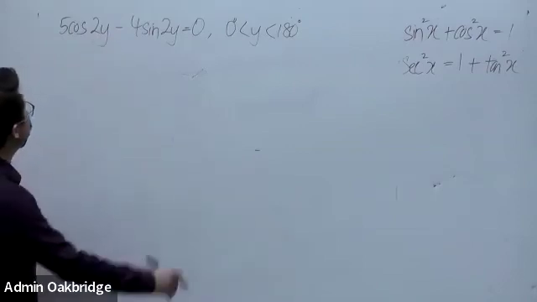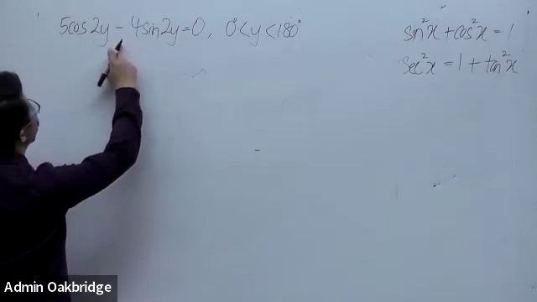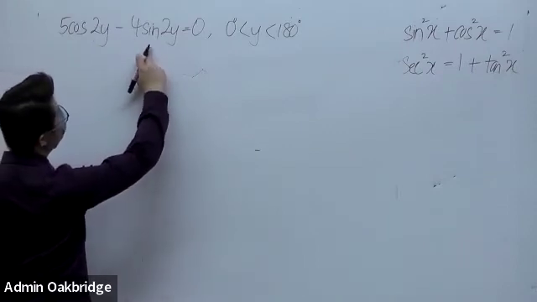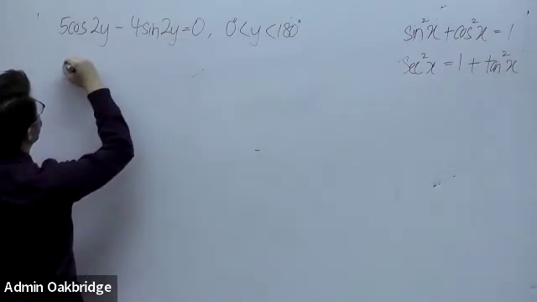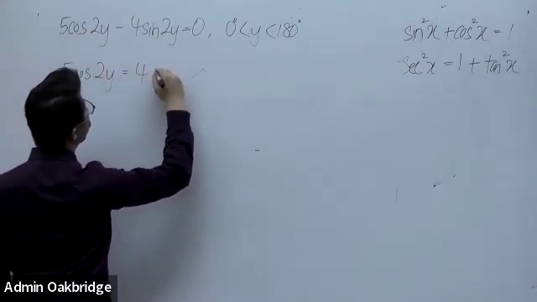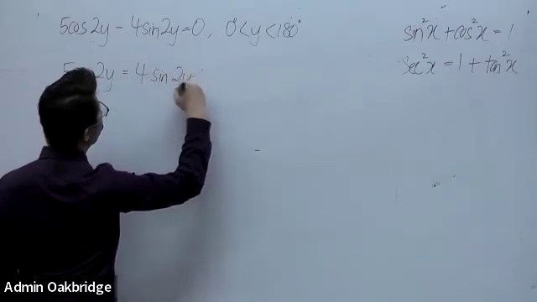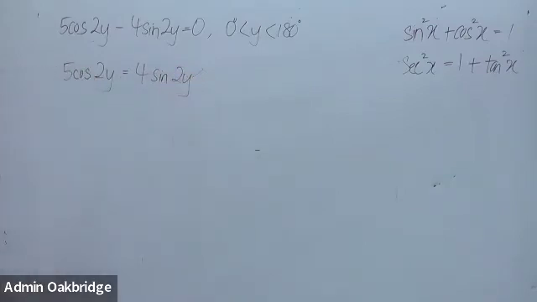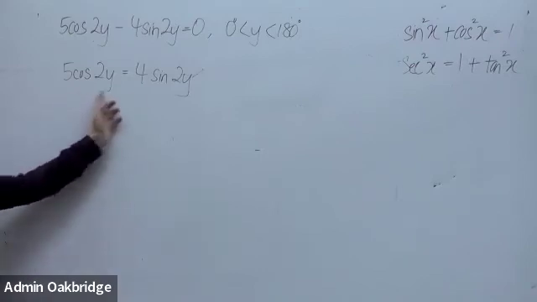So how do you do that? You can move the -4 sine 2y to the right-hand side, and then divide both sides by cos. I want to change it to tangent, right? This is how I change to tangent. Divide this equation by cos.